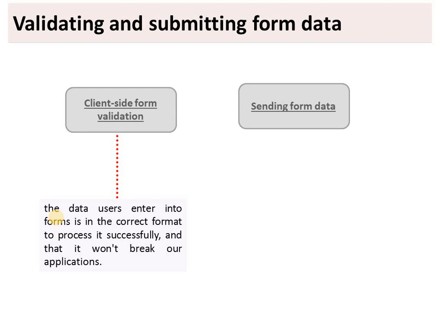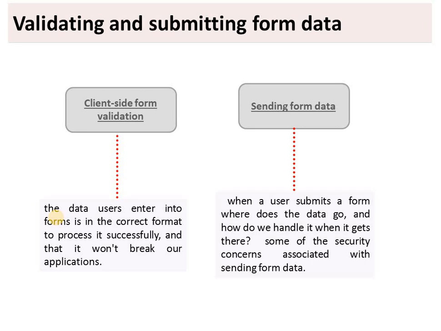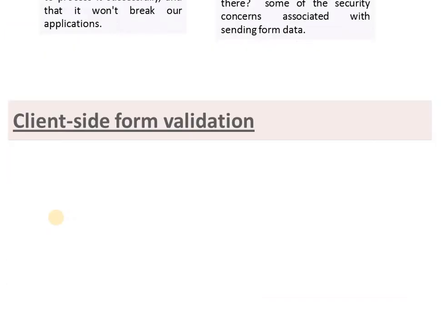Now I want to send this data to my server, where this data should be processed. Over here you can also perform validation when a user submits a form. Where does the data go, how do we handle it, and some other security concerns associated with sending form data.